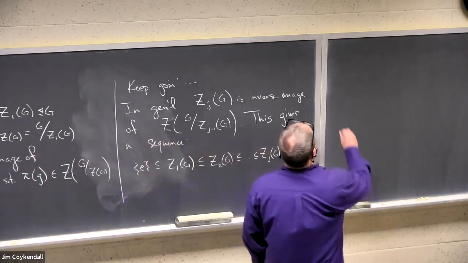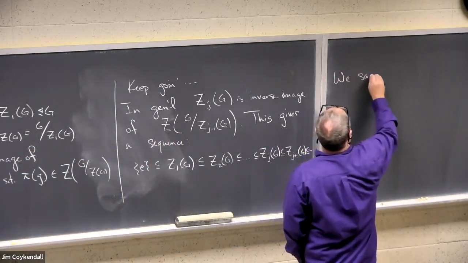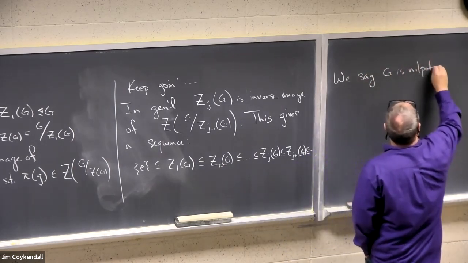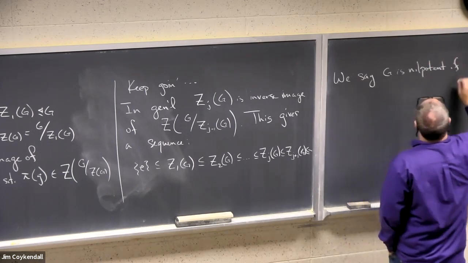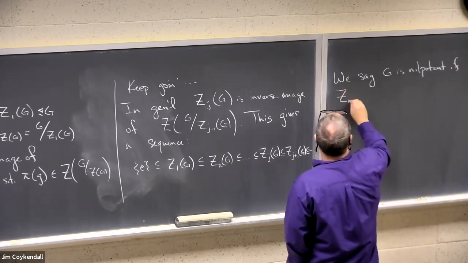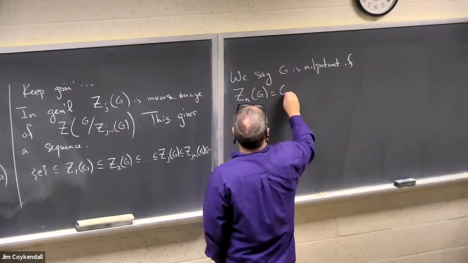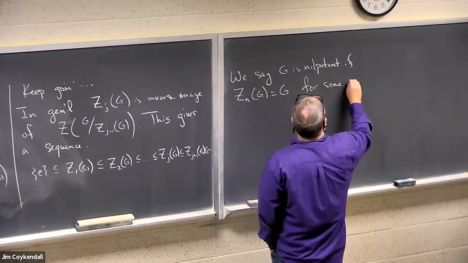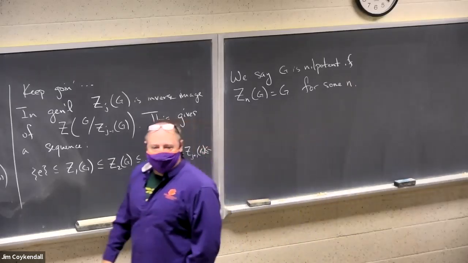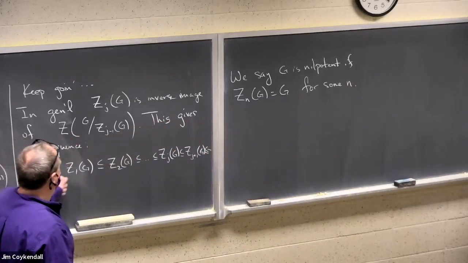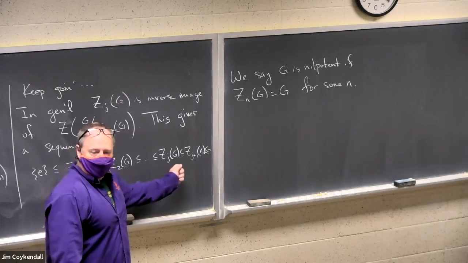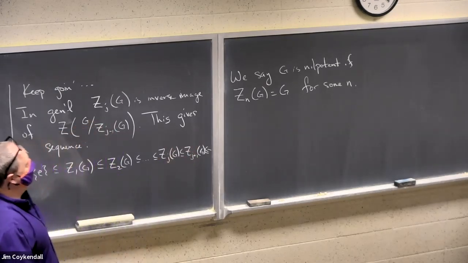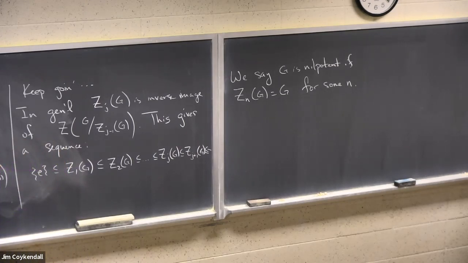When you do this crawling up here, notice these are all subgroups of G. If you can actually reach the top, if you can reach G in a finite number of steps, then we say that G is nilpotent.